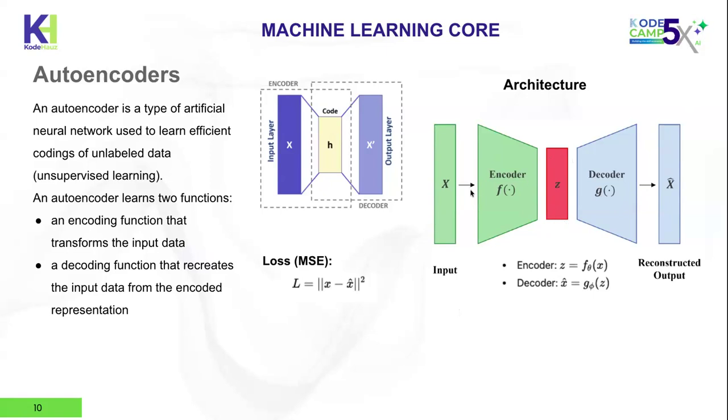So it's a full stack training. So you can see that the encoder is F of X, while the decoder is G of Z, where Z is the internal representation. And you can see it's X hat. So we are now training not against Y hat, not against label data, but against X hat, the original data. And that's an autoencoder.